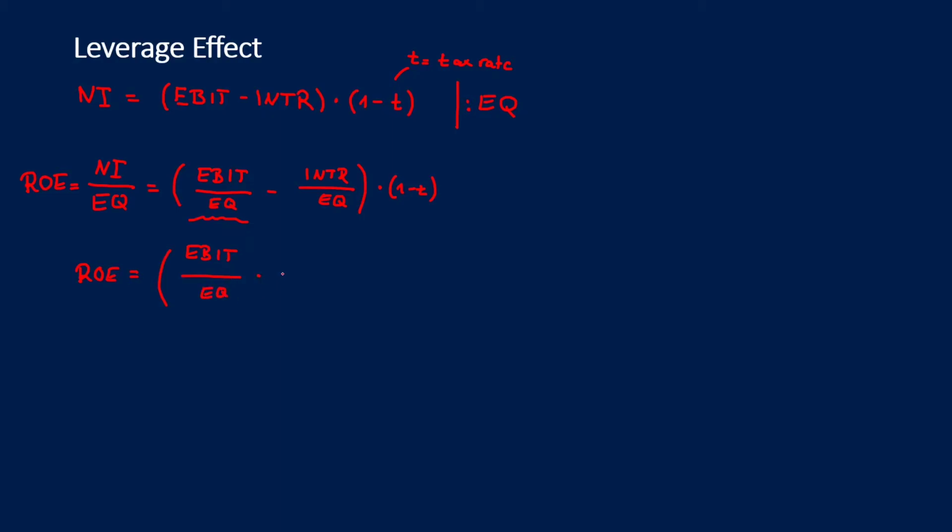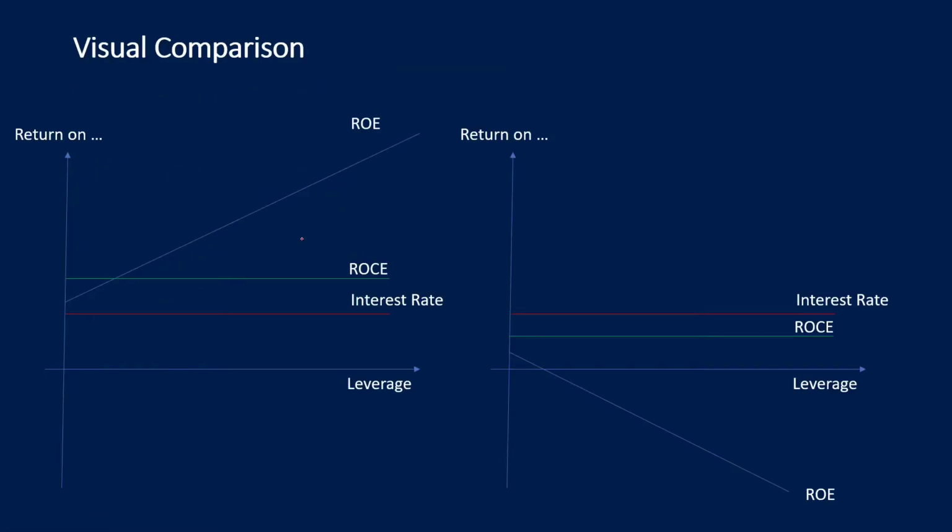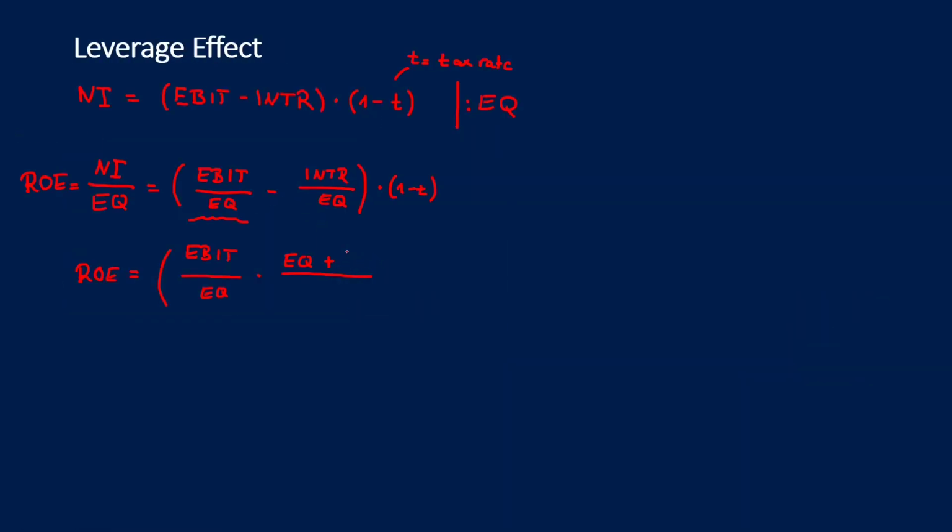And now I multiply by a new fraction line that I just introduced here, and that is equity plus long-term debt.